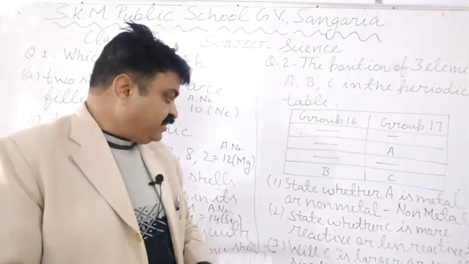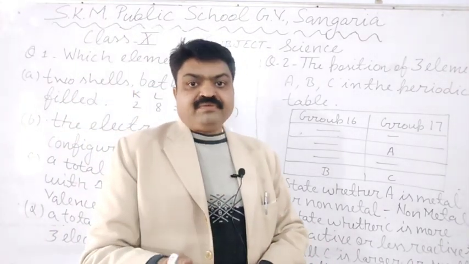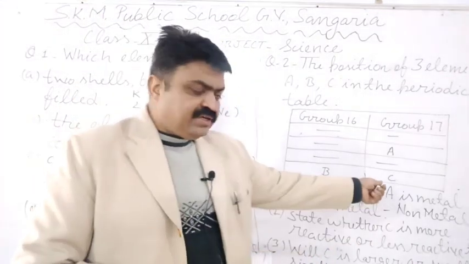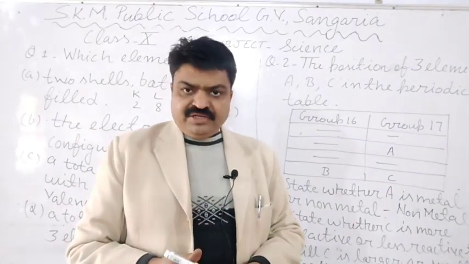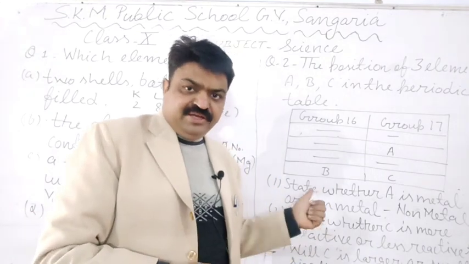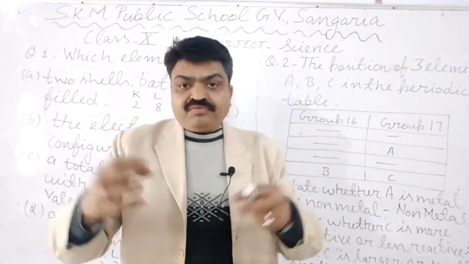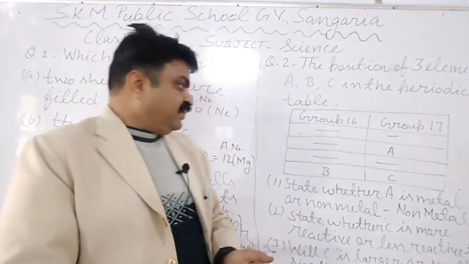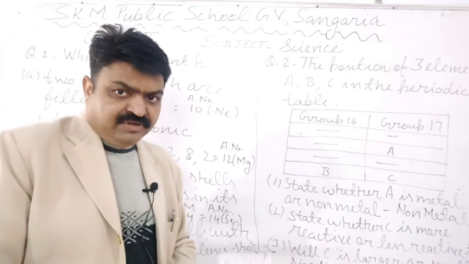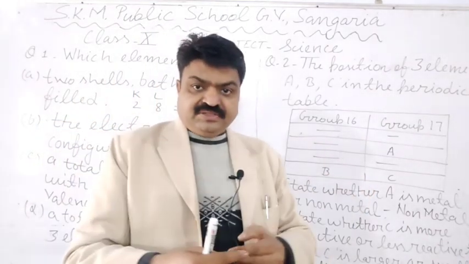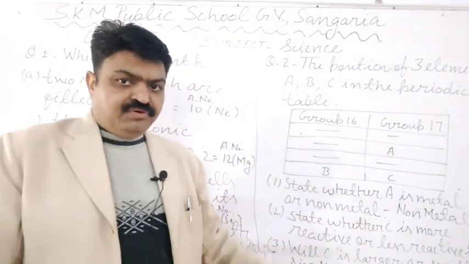C is smaller in size than B, because it has more nuclear charge, and if you compare it with B, it has more force of attraction, due to which it will have the smaller size. You will write smaller size. The size decreases when we move from left to right.